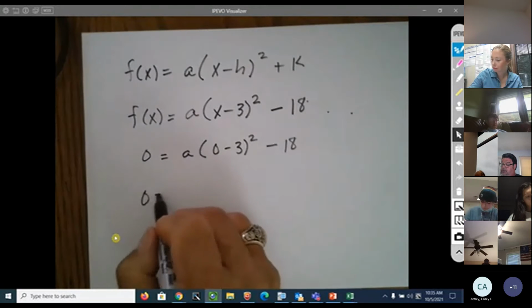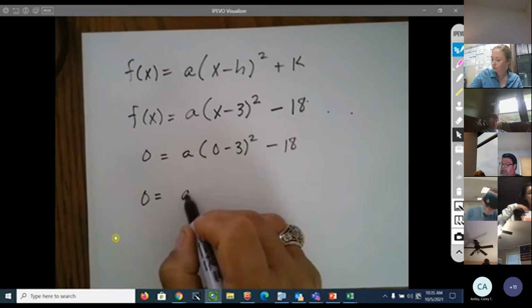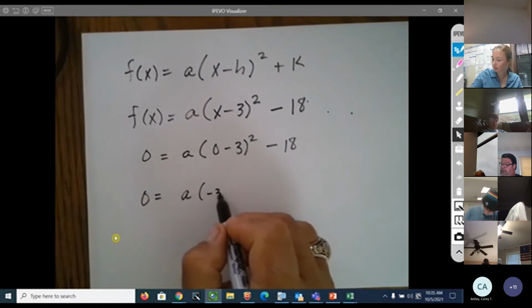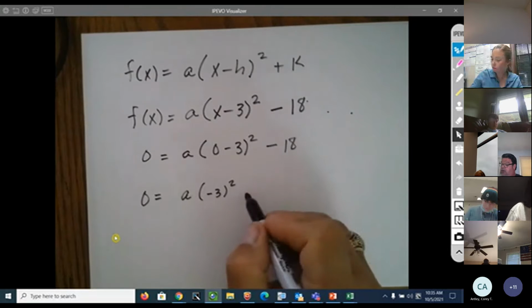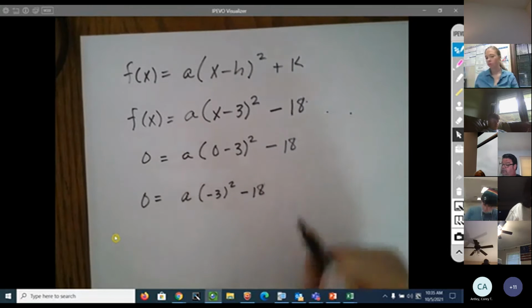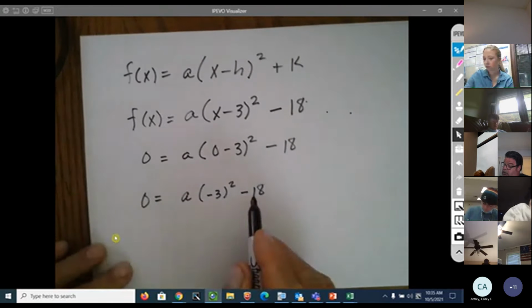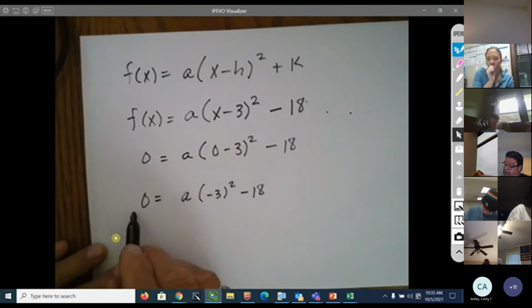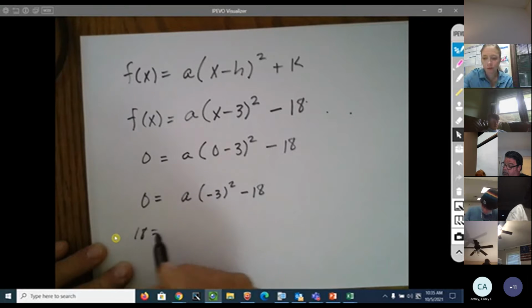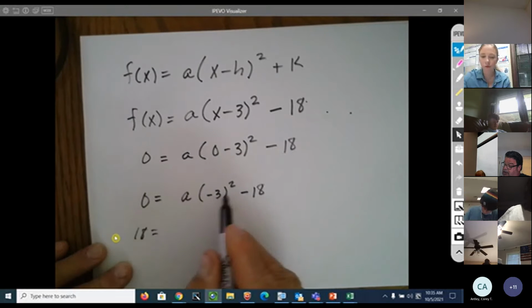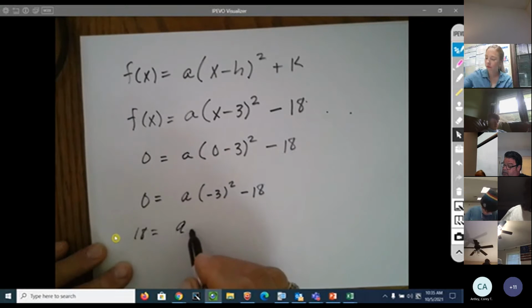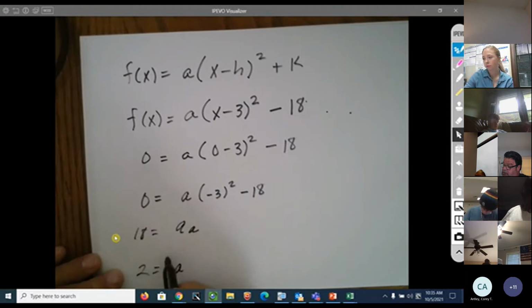And 0 is going to be equal to a times negative 3 squared minus 18. And that negative 18 can come over, and that's 9a. And a is equal to 2.